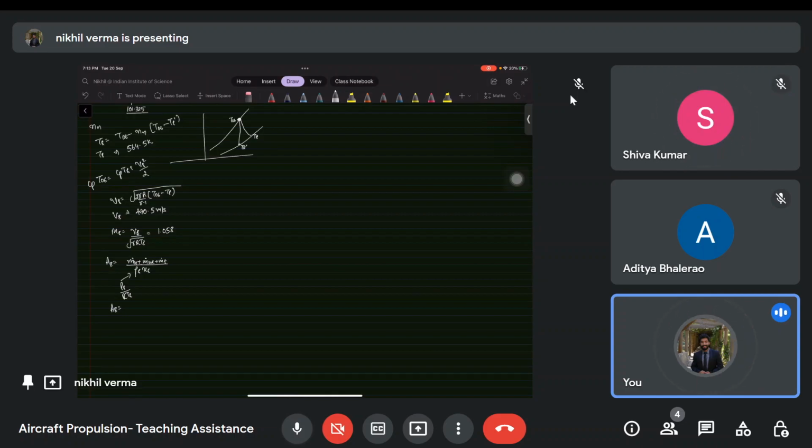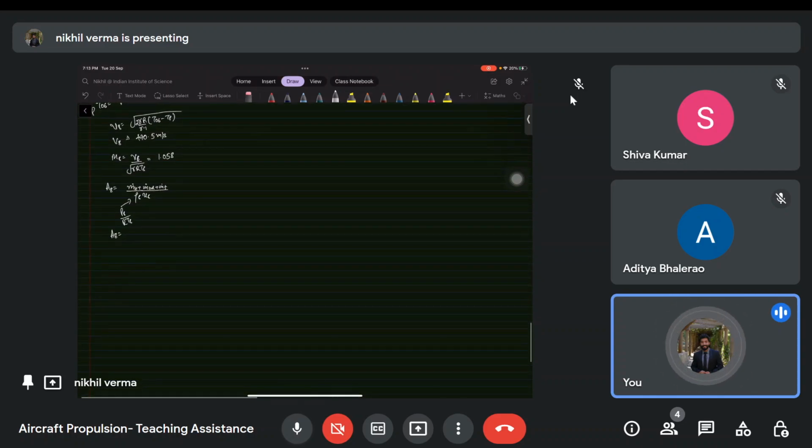So if you calculate this A8, from this rho 8, if you calculate, you will get 0.6252 kg per meter cube, and area, this is 0.4259 meters square.